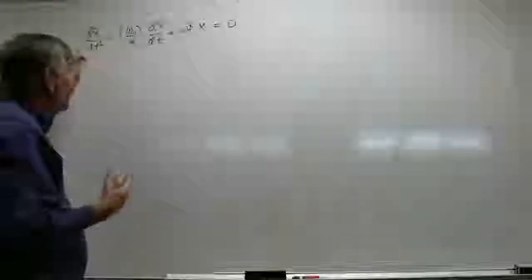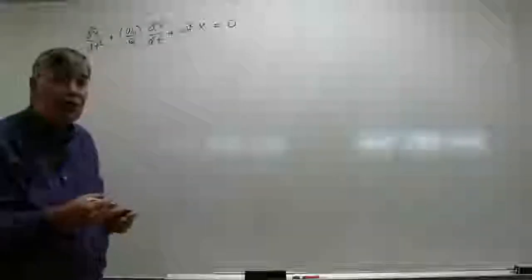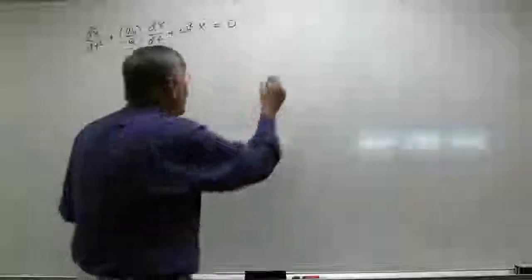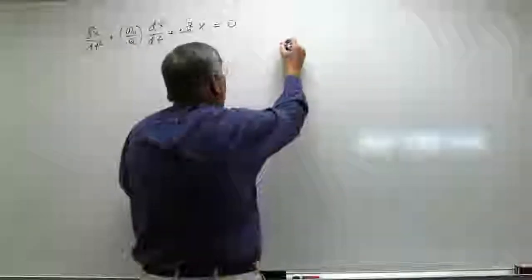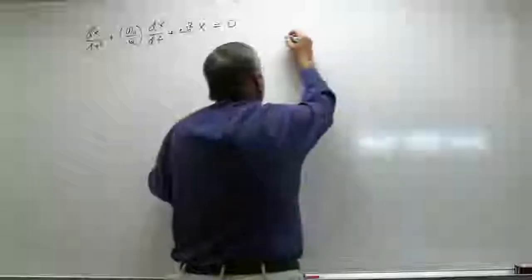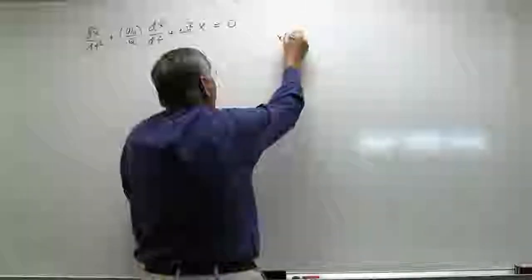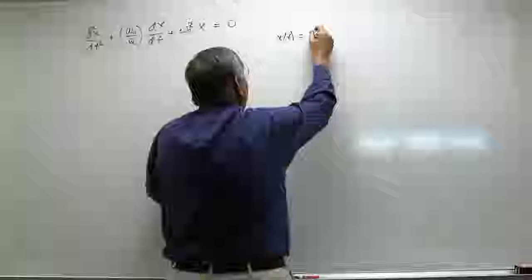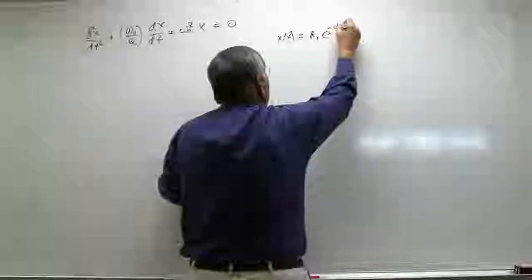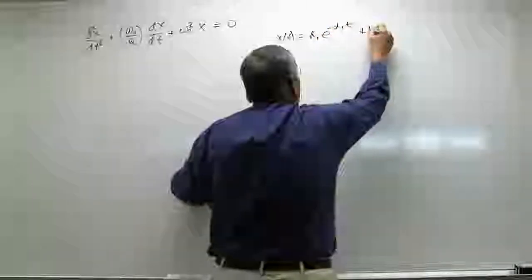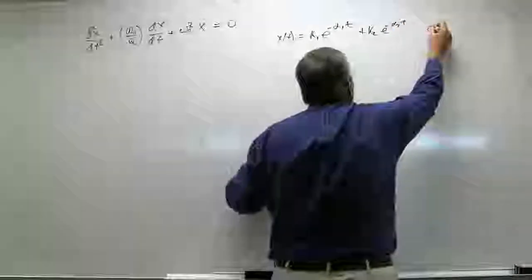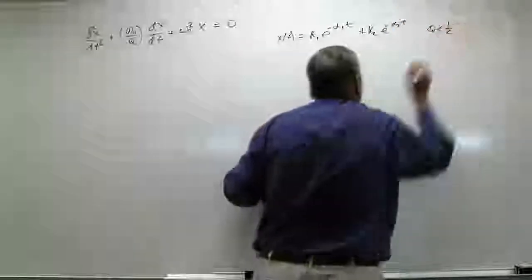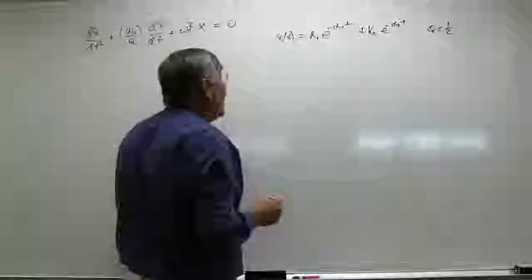And we said that you could write solutions to this in various forms depending on the value of Q. If Q was less than a half, then we could write the solution x of t as some constant k1 e to the minus alpha 1 t plus another constant k2 e to the minus alpha 2 t. This is for the case of Q, a dimensionless number, being less than a half.